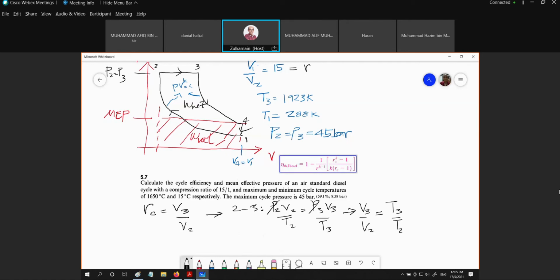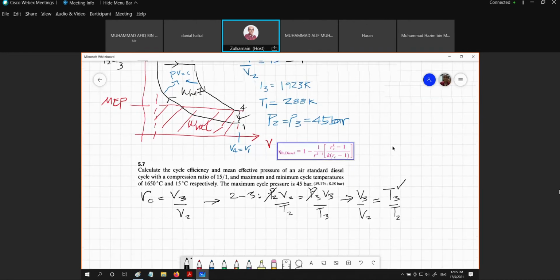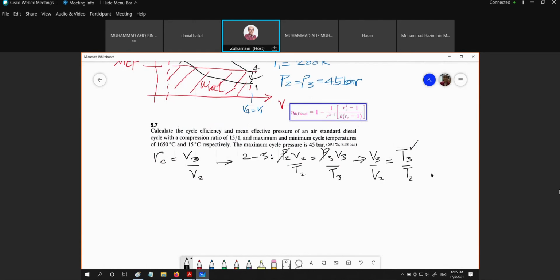In this case, T3 is given. Now we have to get T2. From the relationship for process 1 to 2, we can write T2 equal to T1 times V1 divided by V2, to the power of K minus 1. Again, this is V1 divided by V2. Please check, guys.